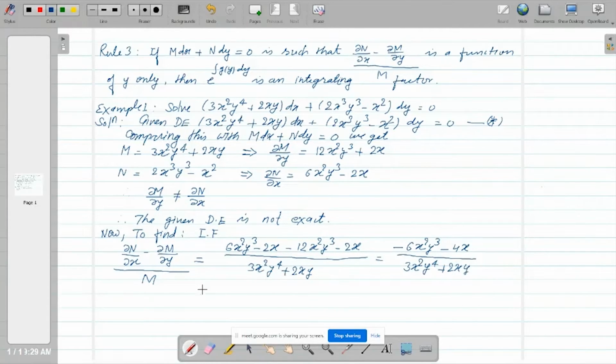Okay, now just simplify this. Minus 2 I am taking outside. So what is the remaining here?